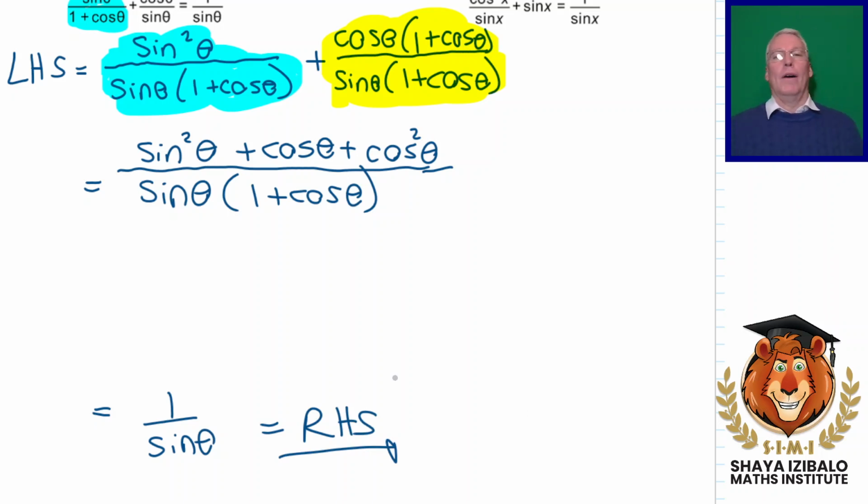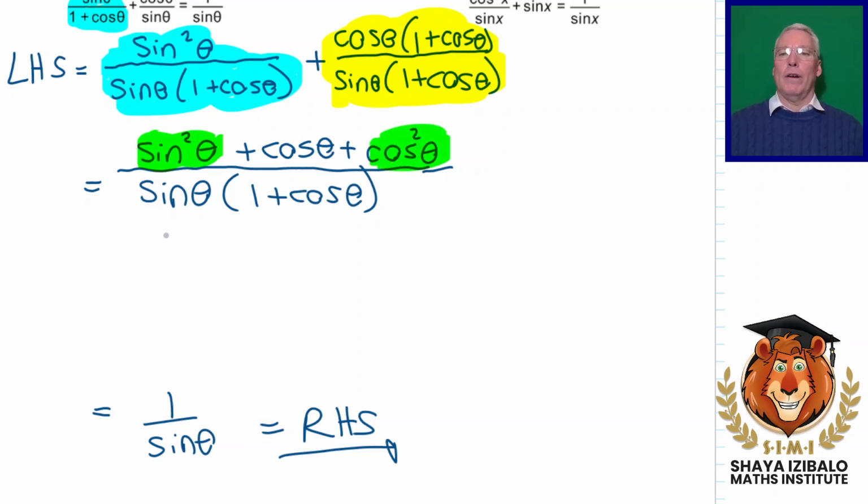Okay, now if we have a look, we've got a sine theta on the bottom already. That's great. But we don't want this 1 plus cos theta. So ideally we need 1 plus cos theta on the top. And there it is, because that piece plus that piece is just 1.